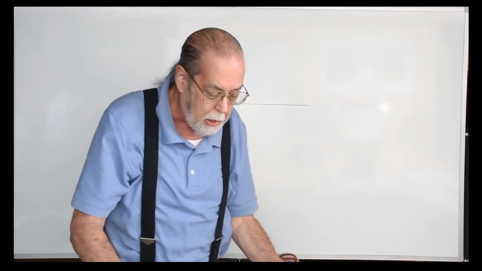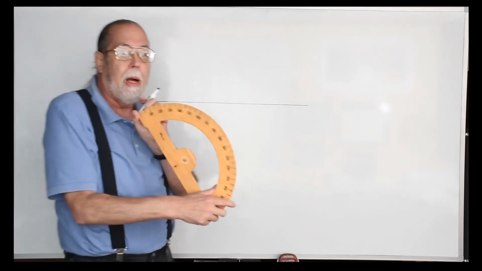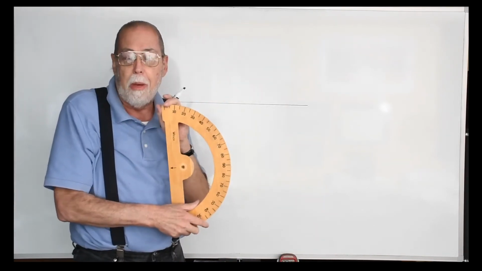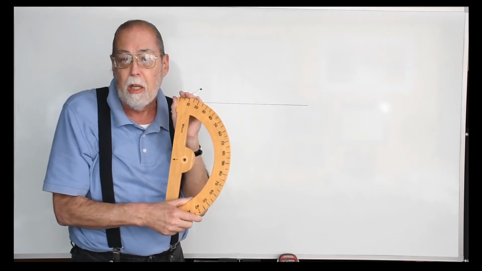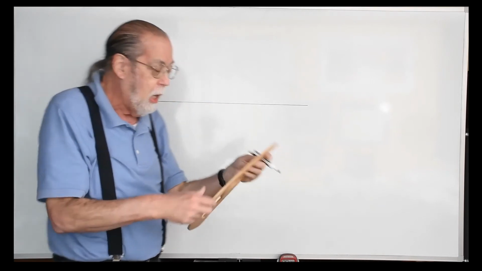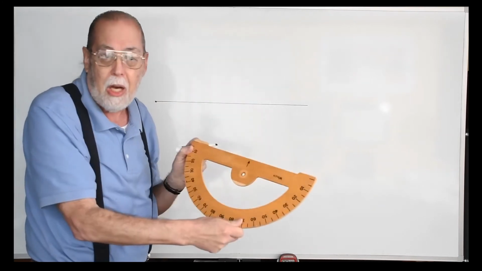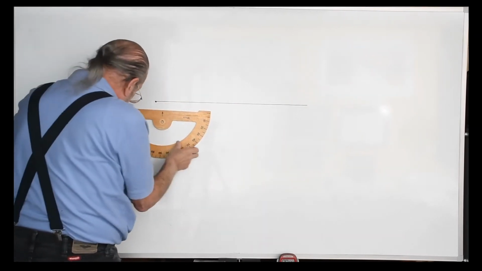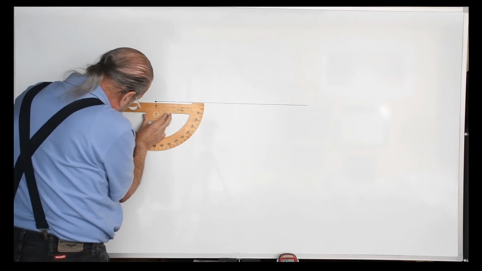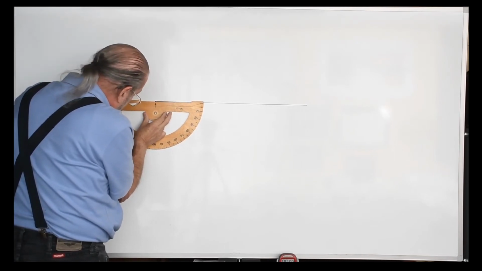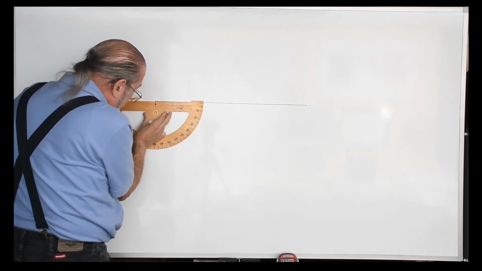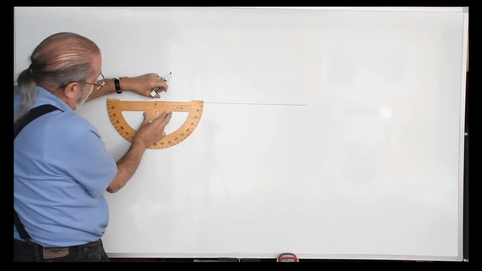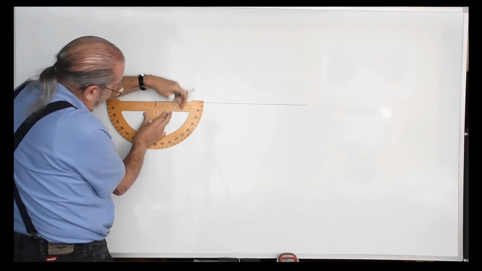We then take our protractor, and if we wish to make a negative 40-degree angle, we put this upside down. We again line up the vertices here, and we make sure that the baseline is parallel to the base of the protractor, not this inside line.